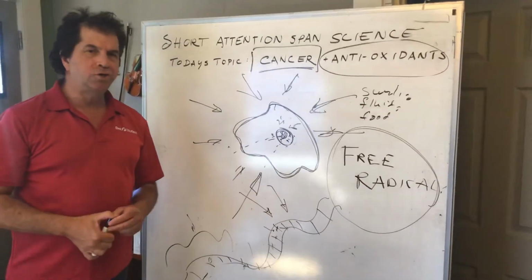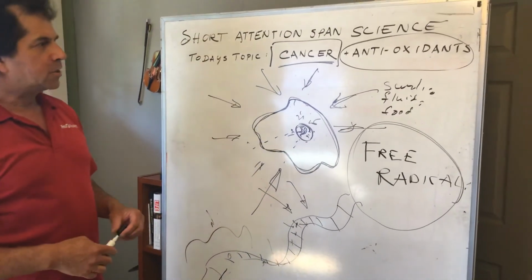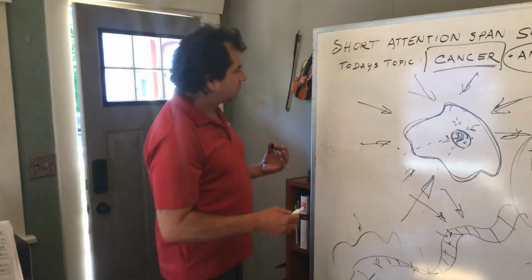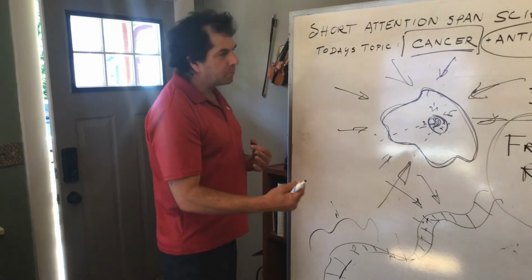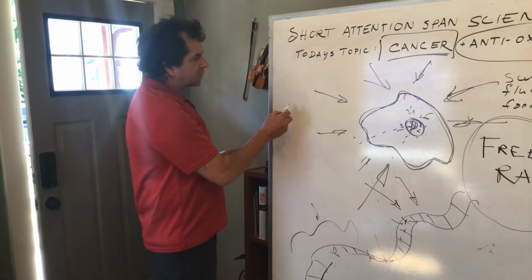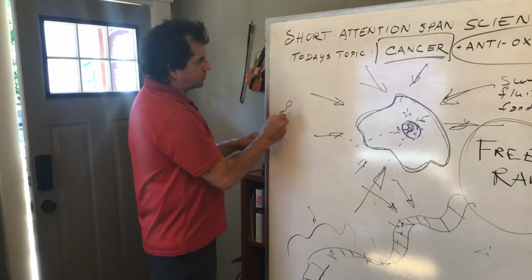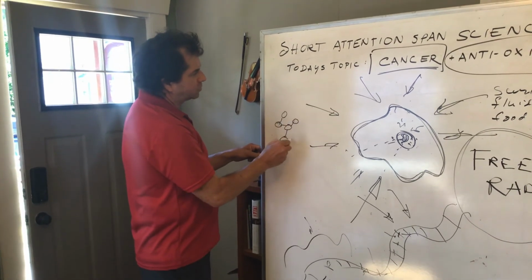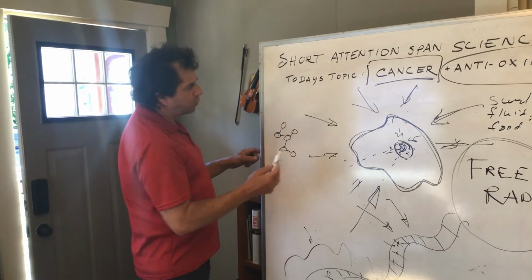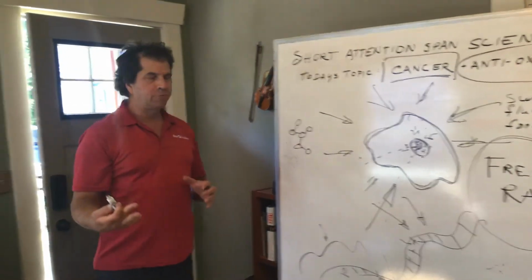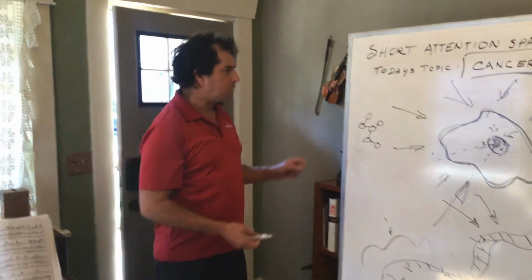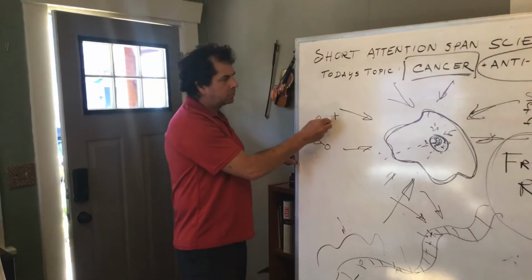They're positively charged entities. That means they are a type of atomic entity, and it might look like this or something like this. But one thing you've got to know about free radicals is that they are positively charged.